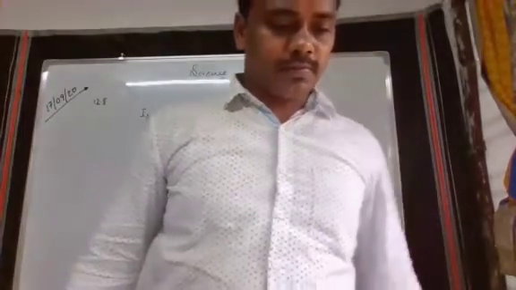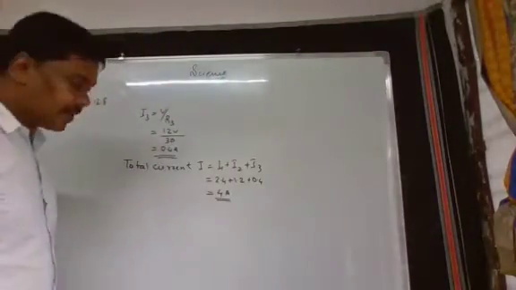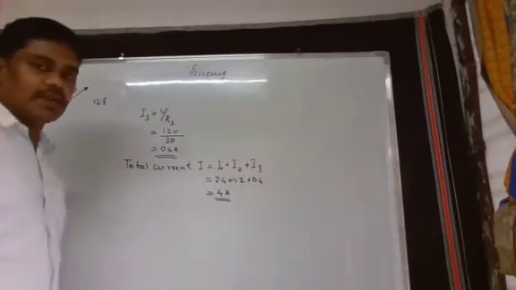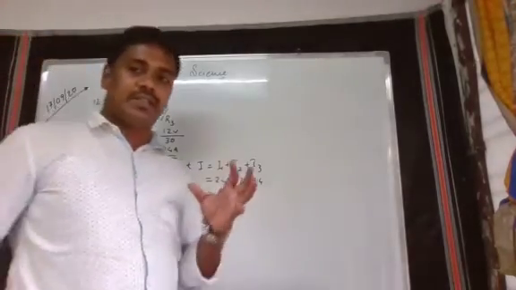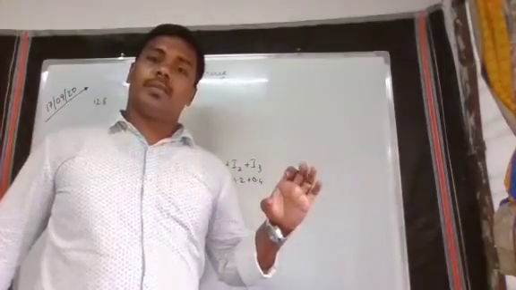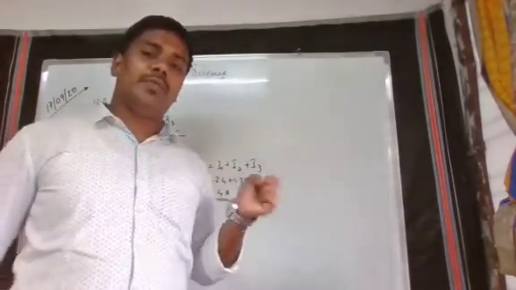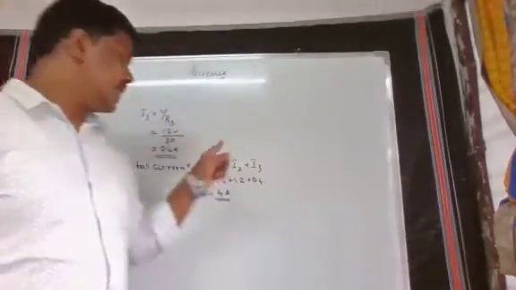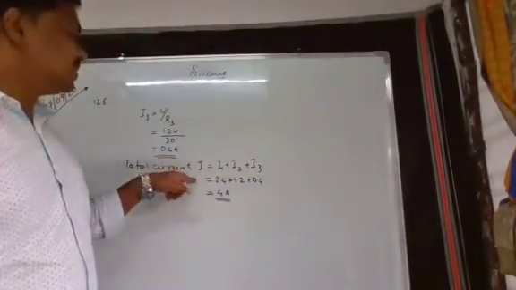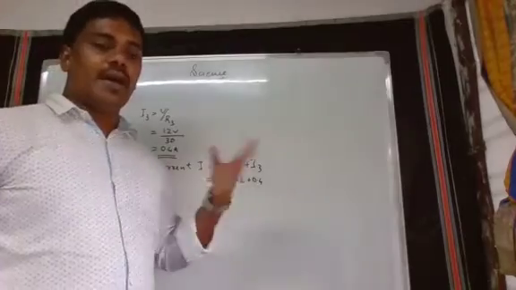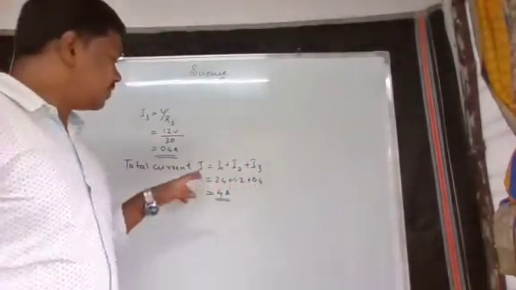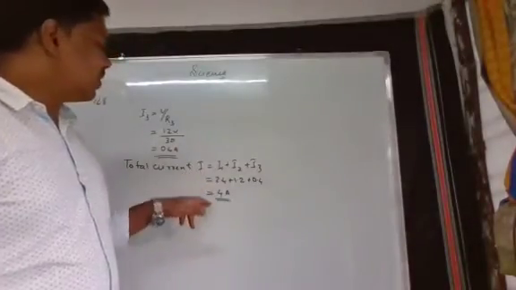Current is 4 ampere. From this we can understand that the potential difference is the same across the circuit, and individually also it is the same, but the current I1 is different, I2 is different, and I3 is different. To find the current I we have to add all these.